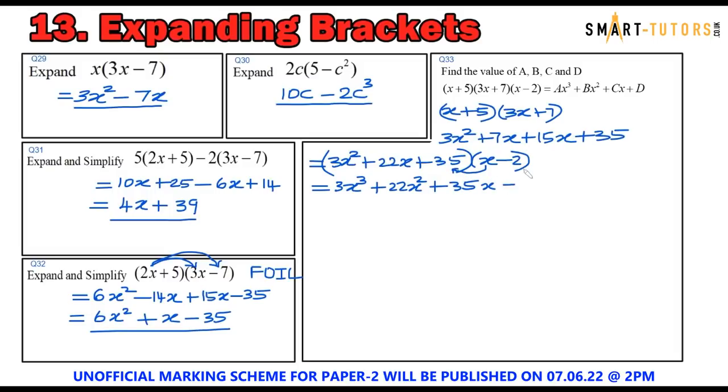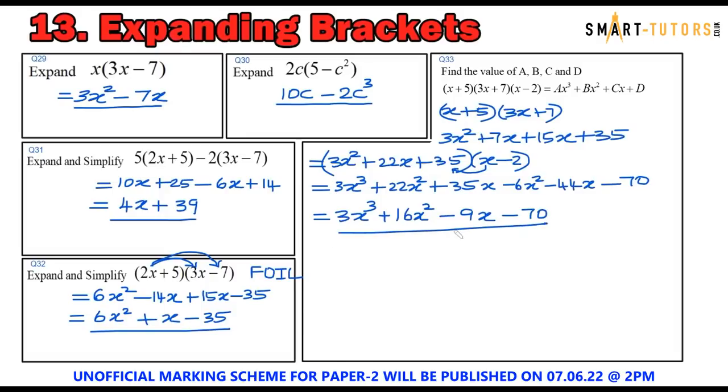Then now minus 2 times 3x squared, then minus 44x minus 70. So the minus 2 multiplies the entire bracket. Now collecting like terms: 3x cubed, 22x squared take away 6x squared is 16x squared, plus 35 with minus 44 is minus 9x, minus 70.